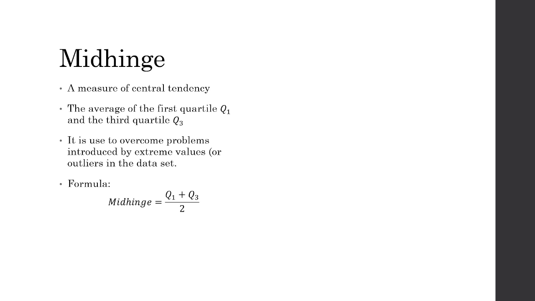And since yung first quartile and third quartile mo ay nasa 25th percent and 75th percent ng iyong data array, mas ma-avoid mo yung mga extreme values na tinatawag natin. And for mid-hinge, say we have this example. So we have here this data.